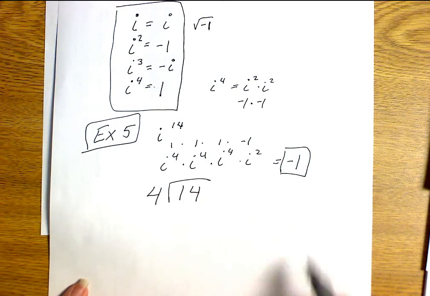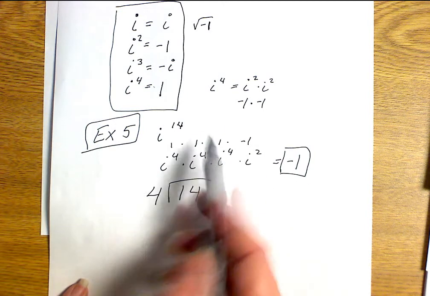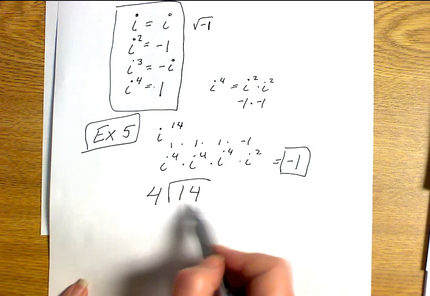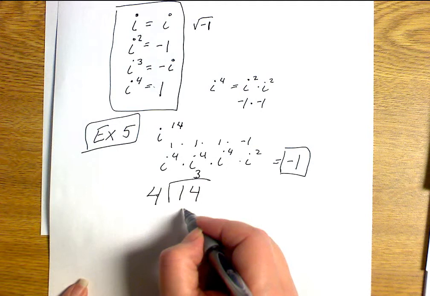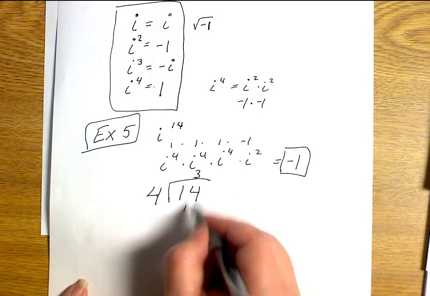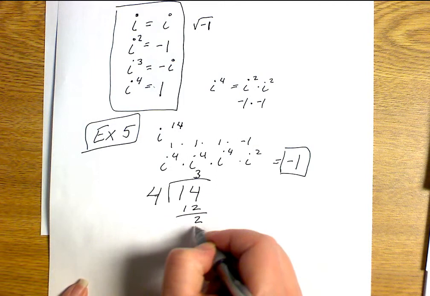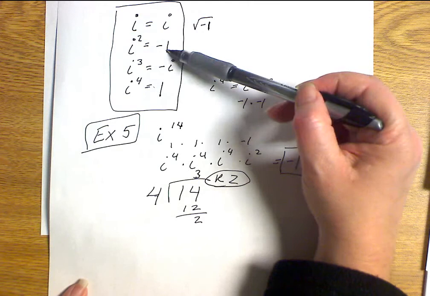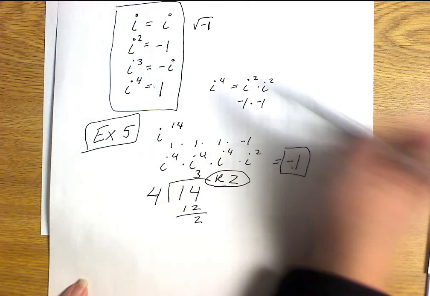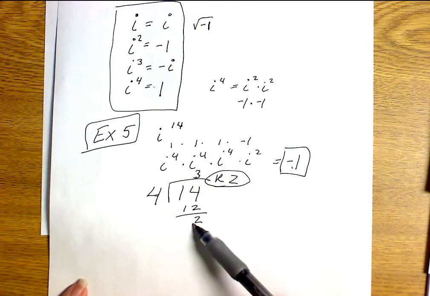Now watch this. This is how easy this really is. 4 goes into 14 three times. 3 times 4 is 12, so we have 2 left over. Our remainder is the number it is, so 2 down is negative 1. If you find your remainder, that's where it is.